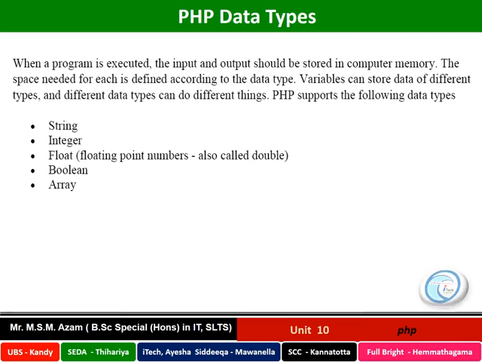Again, the data types found in PHP are string. String data type is given for text type data, integer for whole numbers, floating point numbers are represented by float data type, boolean for true false cases. Array is a special data type found in PHP.